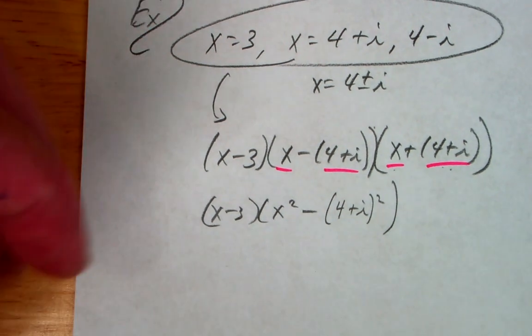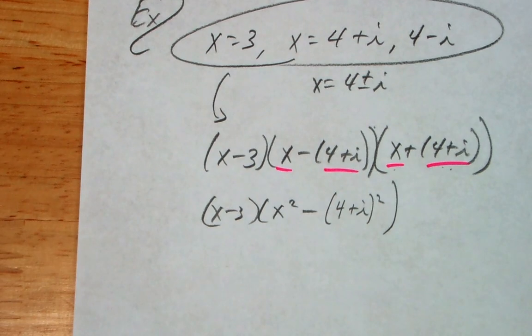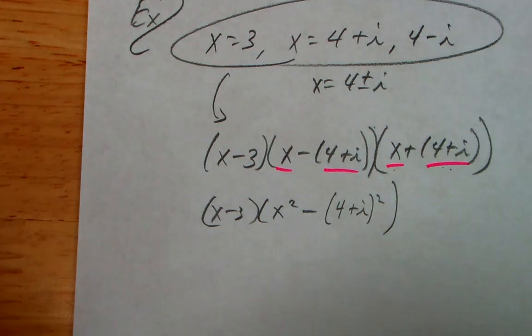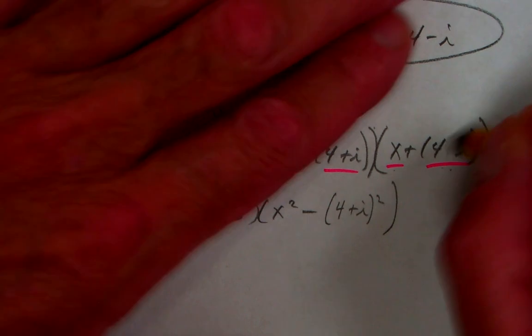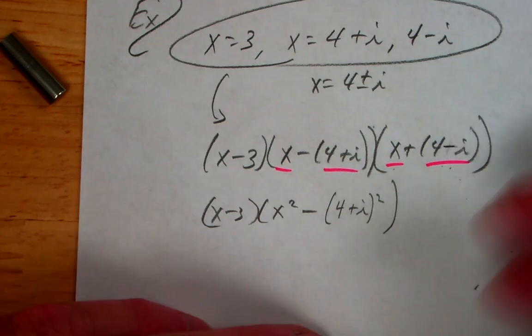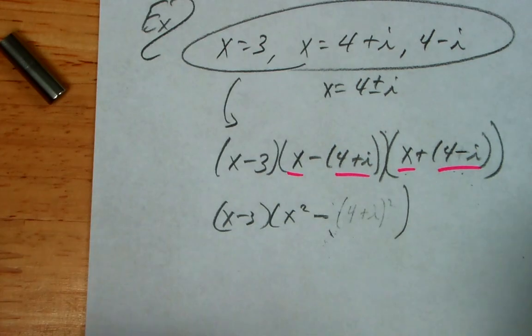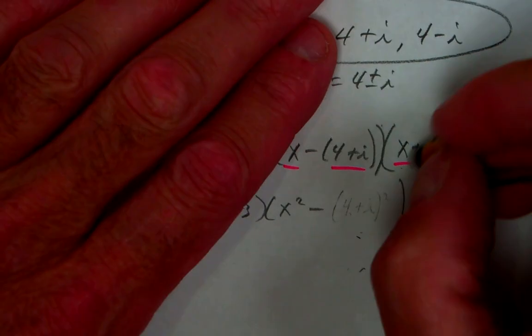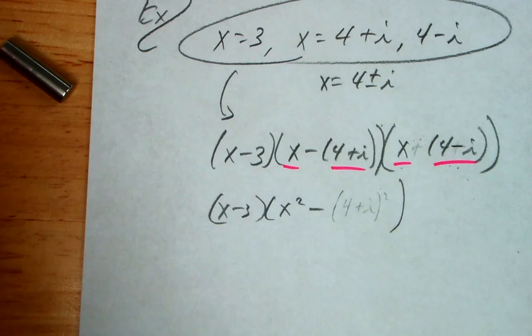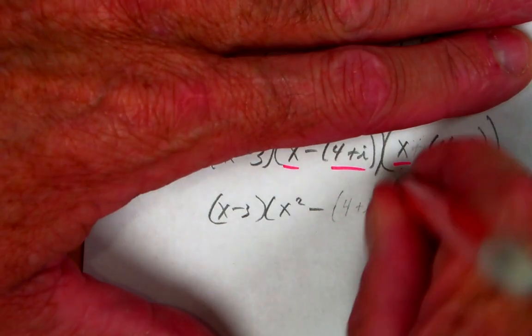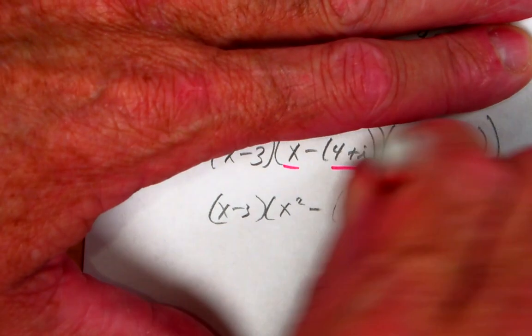No, it's not 16, because I've got to take it times itself. Okay. Something doesn't feel right at all. Hold on. Oh. No, I'm sorry. You're right. One should be plus, one should be minus. I wrote it wrong. Sorry. I'm not focusing on what I'm doing.